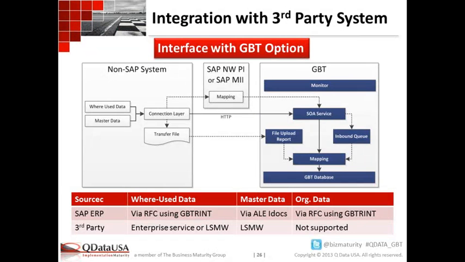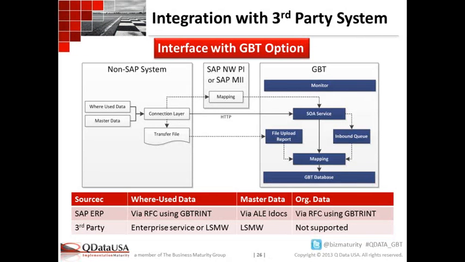From a transaction perspective, if they're able to call a web service in the format that we want, they can call that web service directly. That would just go into an inbound queue and then go through the mapping exercise and ultimately into our GBT database. So that's a small effort on the GBT side, but a larger effort on the non-SAP side.